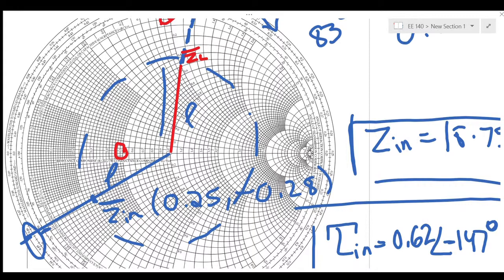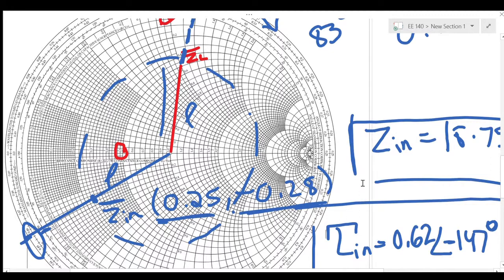But to find the actual point, just take that length from the origin, and we get it about right here. And then we read off that point. The real part is 0.25. Imaginary part is negative 0.28.